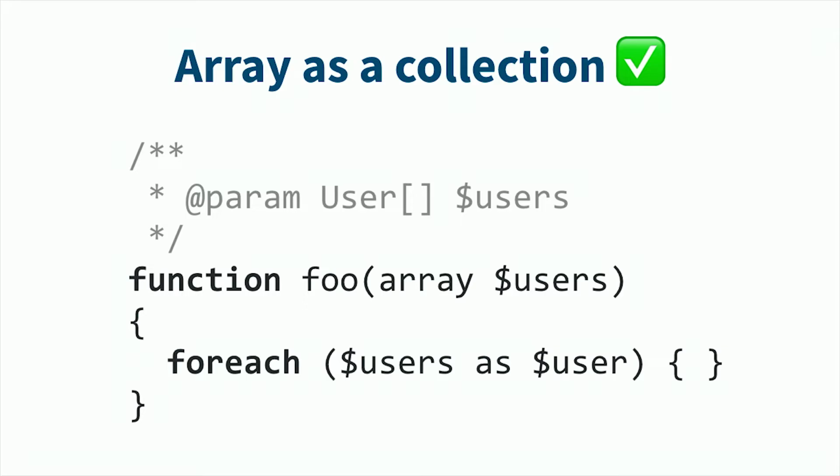You have to use PHPDoc. There's some kind of a hack with a variadic argument, where you can use some type, then ..., and the name of an argument, but that's very limited. You can do it only for a single argument in a function, and that argument must be last.